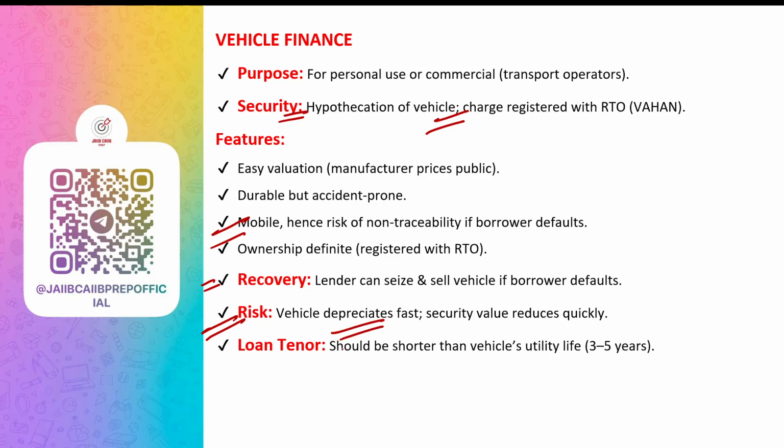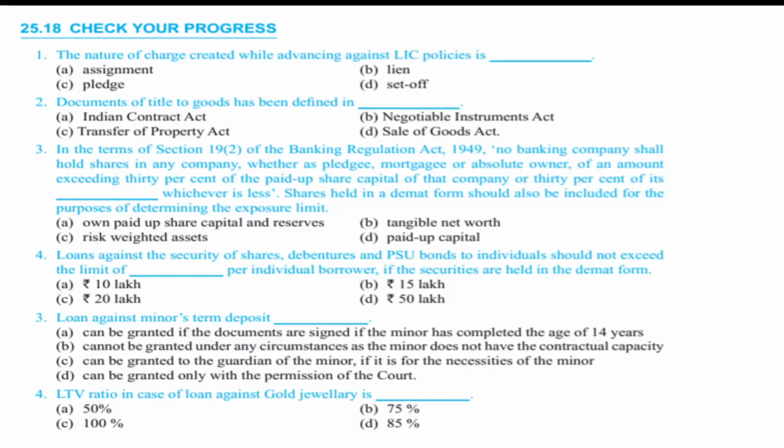So security value gets reduced quickly. Loan tenure should not be more than the vehicle's life. Maximum is 84 months, 7 years, but we generally prefer less tenure than that.